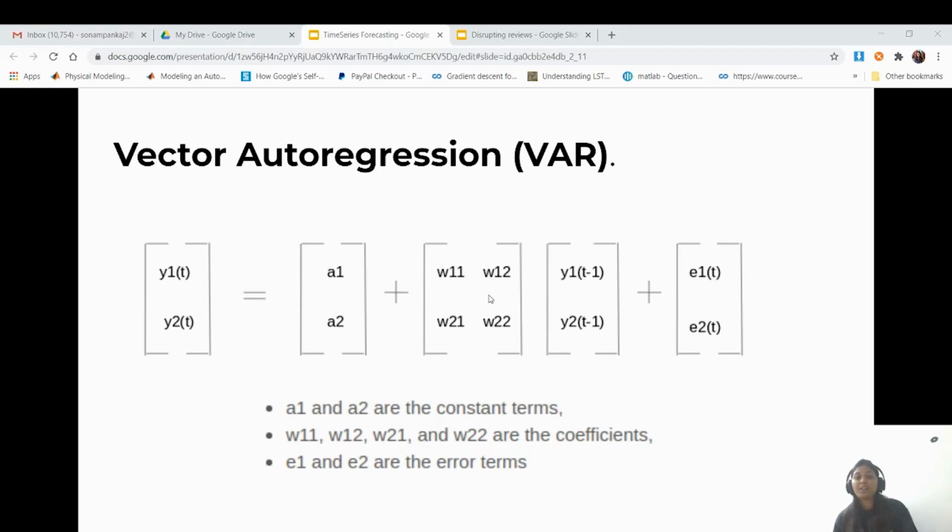They are dependent on their constant values, their coefficients, and their errors. But these coefficients depend not only on this time series, but on the other time series values as well. So you can see how we can incorporate this using the vector autoregression model.